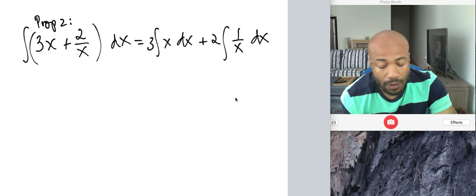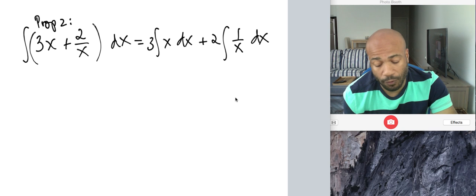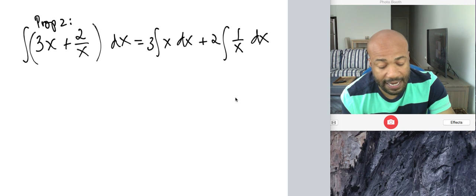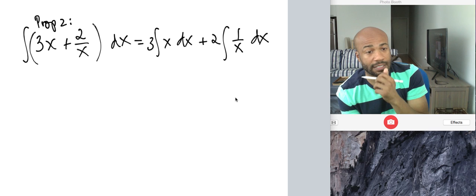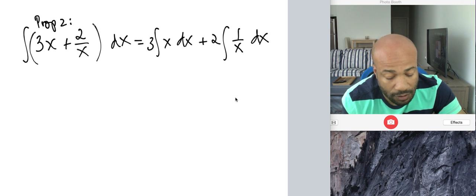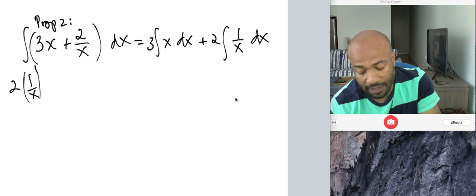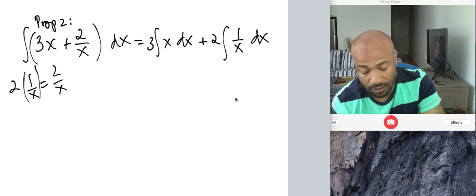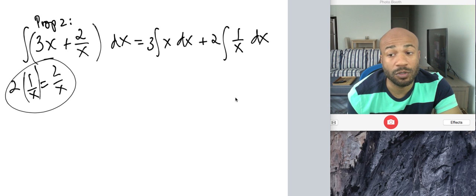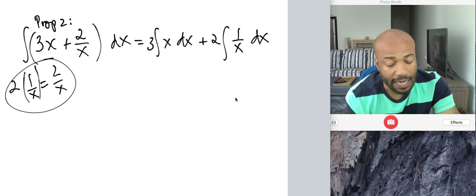Right? So I pulled out the 3 of the first term, and then that's x dx, plus I pulled out a 2, because it's 2 over 1. Right? 2 over 1 times 1 over x is equal to 2 over x. So that's pretty much what I'm using right there. So I pulled out a 2, and I'm left with 1 over x dx.